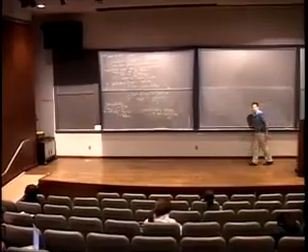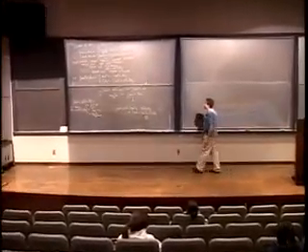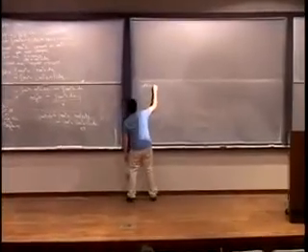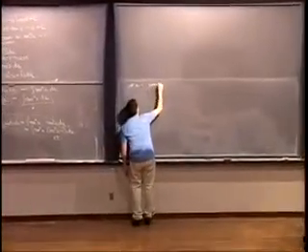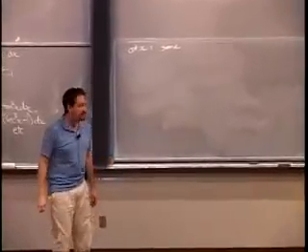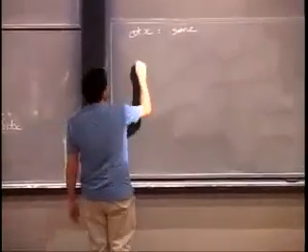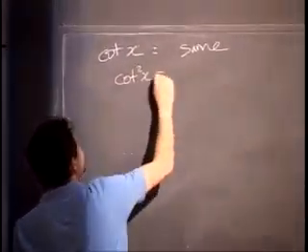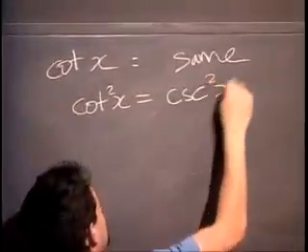Anyway, I'd like to talk about powers of cotangent just for a few seconds. Cotangent, if you should happen to see it, it's the same, except you put co in front of everything. The equation you use is cotangent squared x is cosecant squared x minus 1.